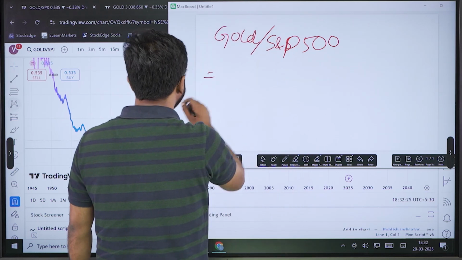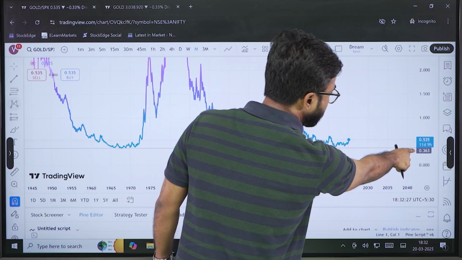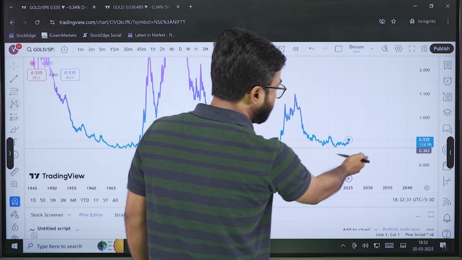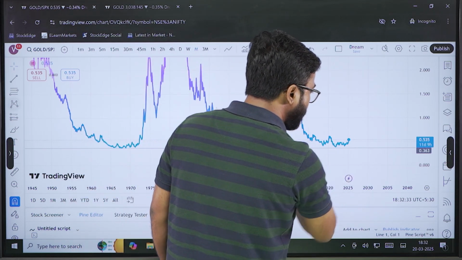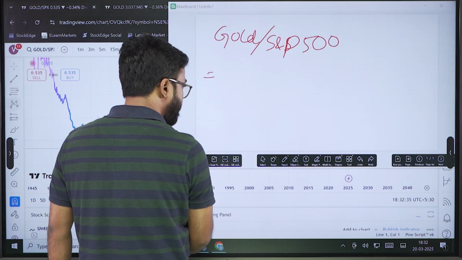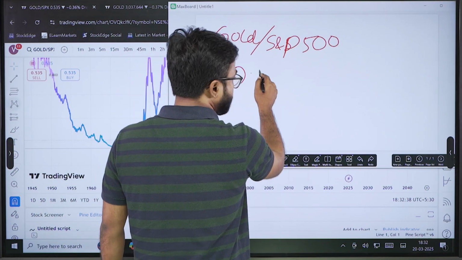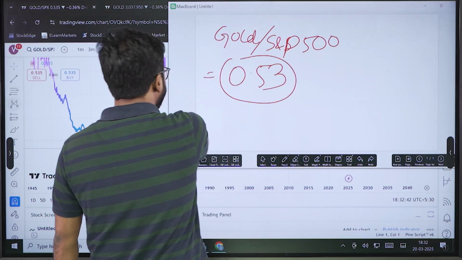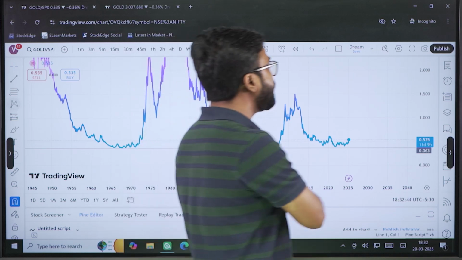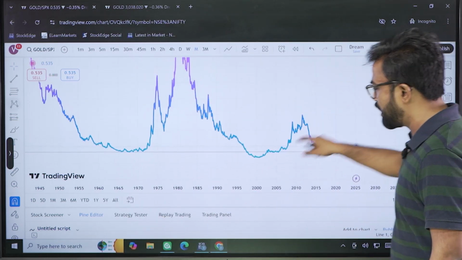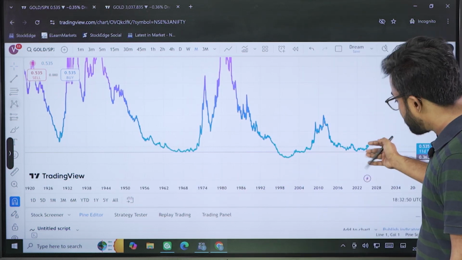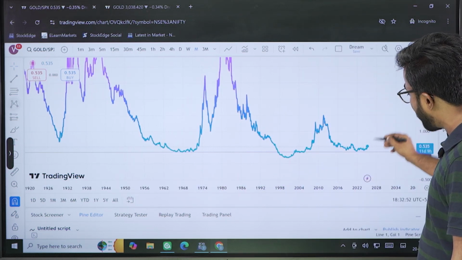And this figure is currently 0.53, just above the major support level, which is around 0.36. So any person who can read a chart will say that there is a probability that this particular price action will move higher from here.